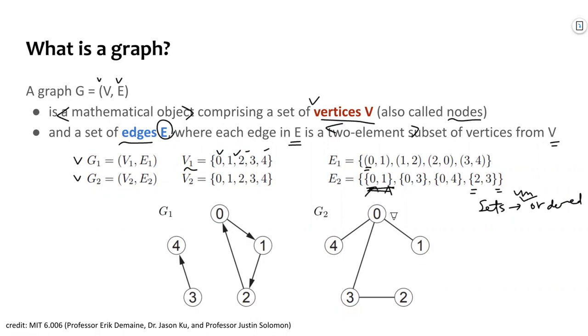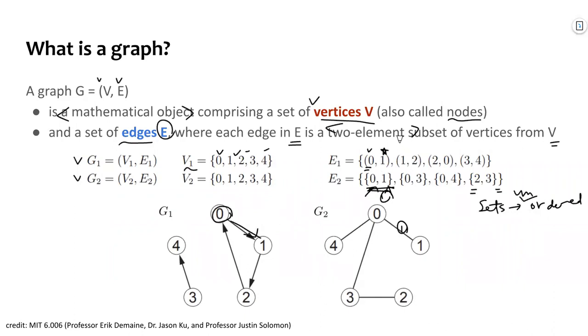And as you can see here, this first edge represents this edge. And in the case of E1, it has parentheses, and this is the starting point, and this one is the end point. So starting from vertex 0, it ends up at vertex 1. So it has direction.